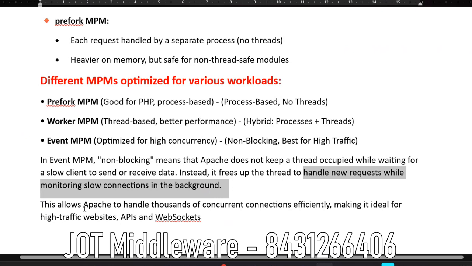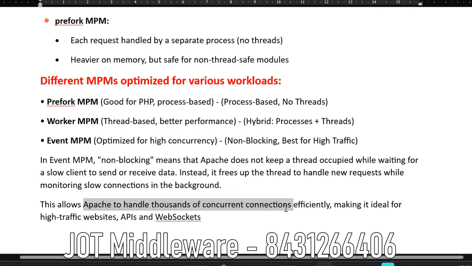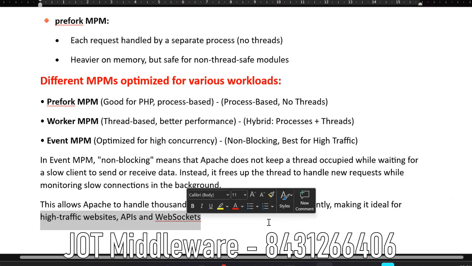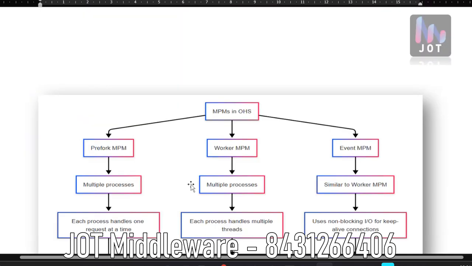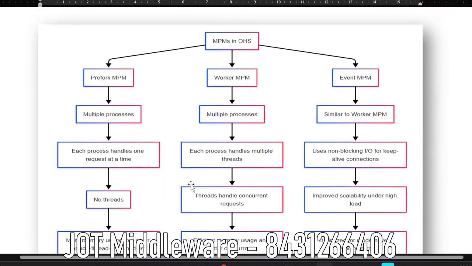This mechanism allows Apache to handle thousands of concurrent requests efficiently, making it ideal for high traffic websites, API transactions, and WebSockets, right? So this is non-blocking IO used in event MPM. The same is used in Nginx as well. So this is how it works.